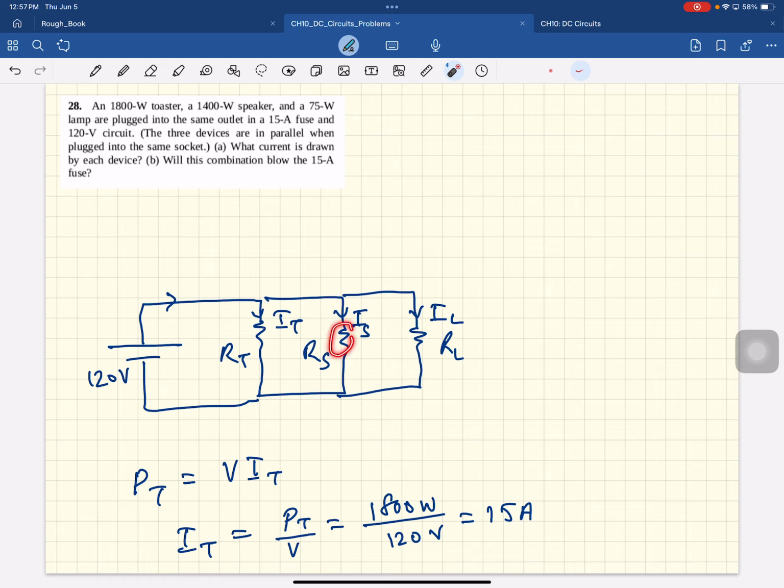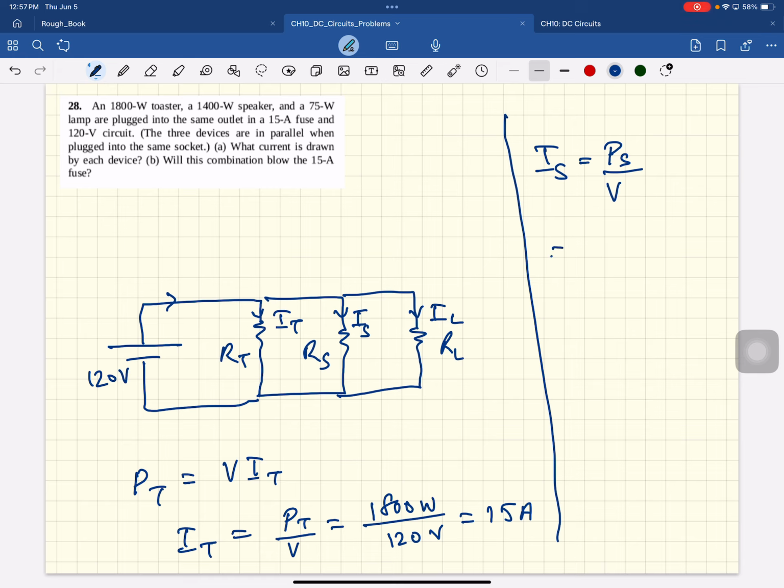Okay, so the current in the speaker is power to the speaker divided by the voltage, 1400 watts divided by 120.